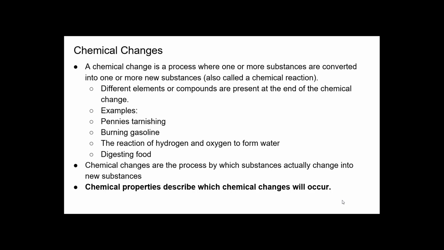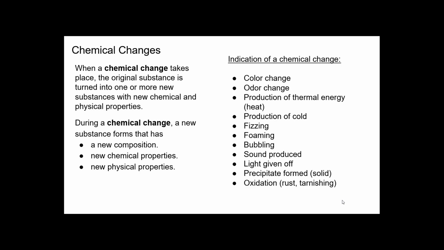Chemical changes are the process by which substances actually change into new substances. So chemical properties describe what chemical changes will occur. When a chemical change takes place, the original substance is turned into one or more new substances. So during a chemical change, a new substance is formed. You have a new composition, new chemical properties, and new physical properties.